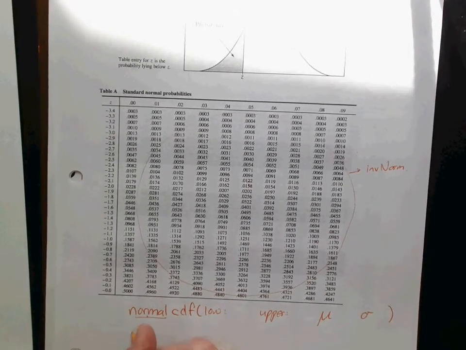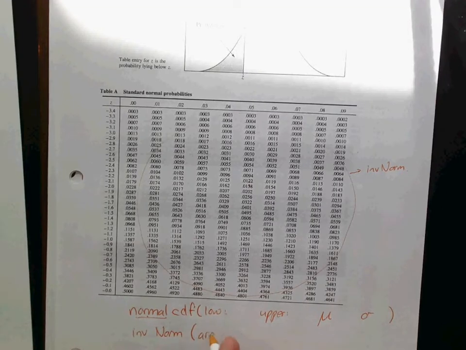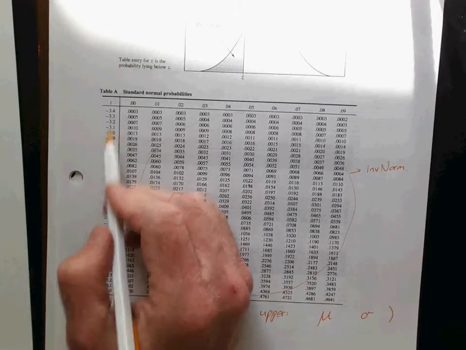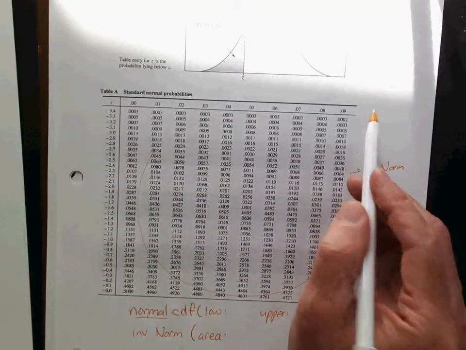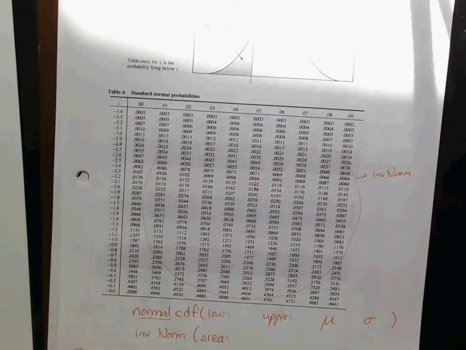The other command is inv-norm. You use inv-norm when you have an area and you're trying to get the observation or at least the z-score. And so you can do it with area, I usually only use it with area and leave mean of 0, standard deviation of 1, and that'll give me a z-score.